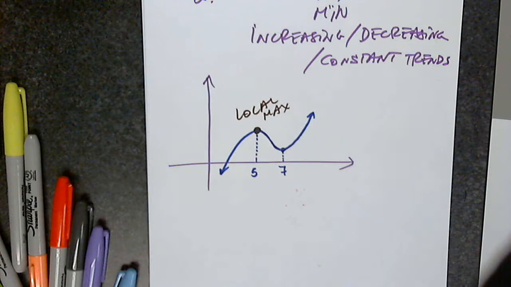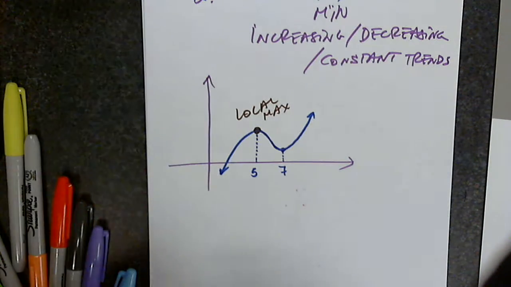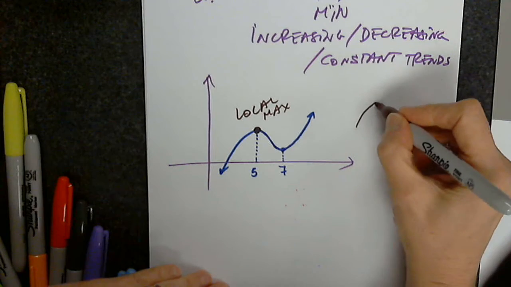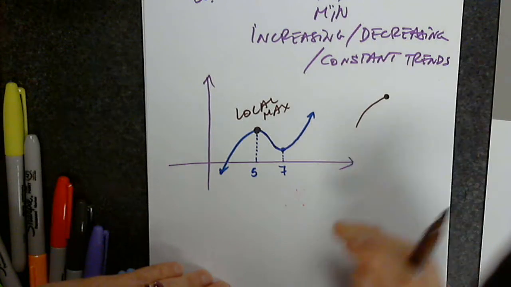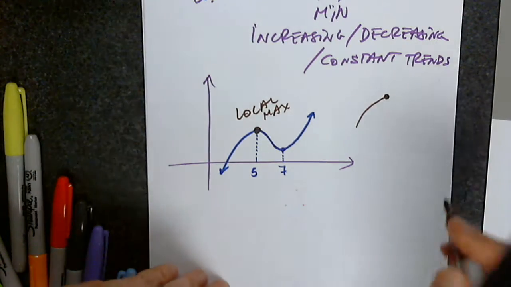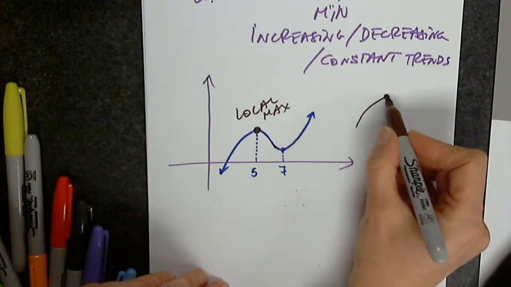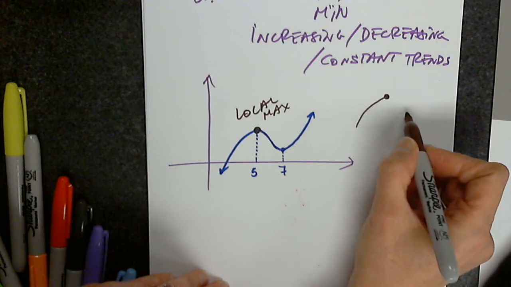So this function looks like this, right? At that point, there is an open interval in which all function values are smaller than that one. But if I cannot show you the open interval, that is not a local max. So for example, if I have this, this is not a local max because the function is not defined on this side.